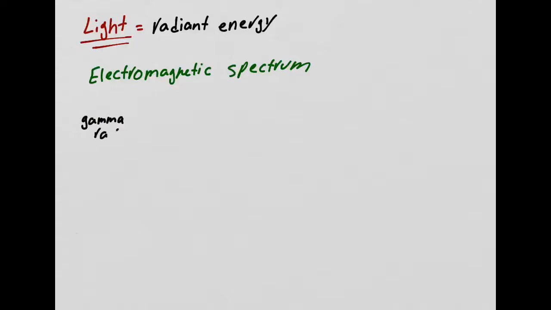Now, the different types of light are: we have gamma ray, X-ray, and UV, ultraviolet. What's after UV? If you know it, shout the answer, even though I can't hear you. It's visible. What's after visible is IR, infrared.